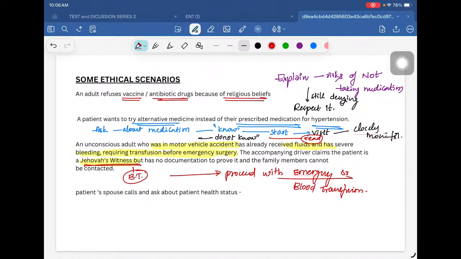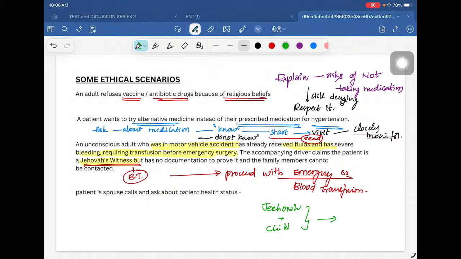But if it is a child, the situation will change. As I've told you, in a life-saving situation, you don't need parental consent. So even if the parent says that they are Jehovah's Witness, you're still going to give blood transfusion. I'll write here, Jehovah's Witness plus child.